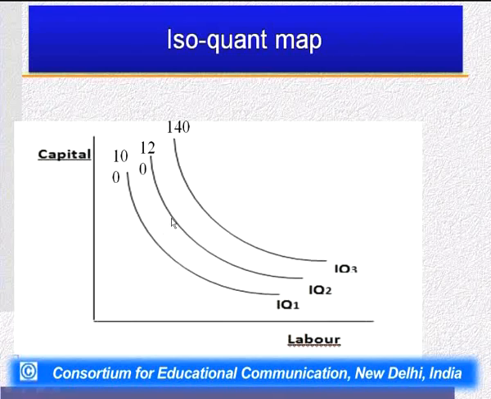When the curve changes, or if you have a combination on another curve, then the output level may be different, and the curve which is higher than the previous one will give the maximum output. So here IQ3 will give the maximum output. This is called the isoquant map, where the highest graph will give the maximum output.